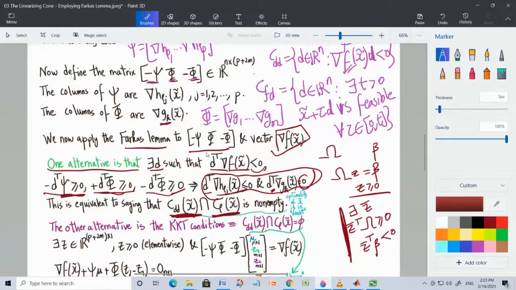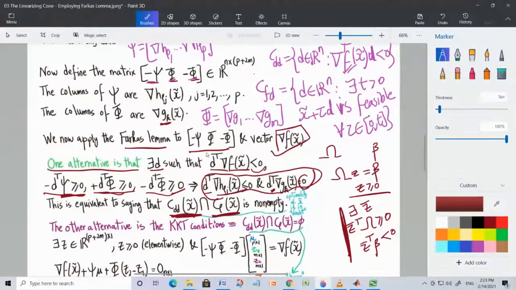So we have d. Suppose that d is a feasible direction and it's also in the cone of descent directions. So this means what? This may give you an indication of what is going on. I'm not talking here rigorously. I'm just giving you that there is a danger that x tilde is not optimal, right?